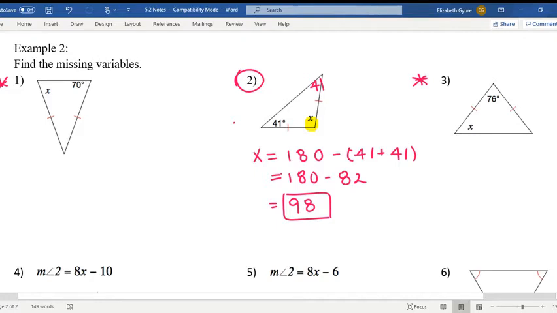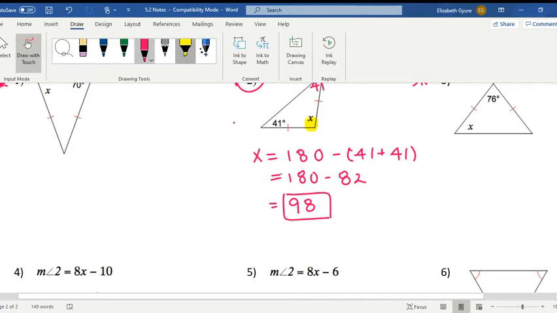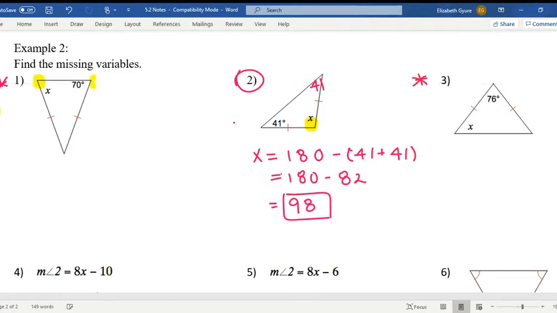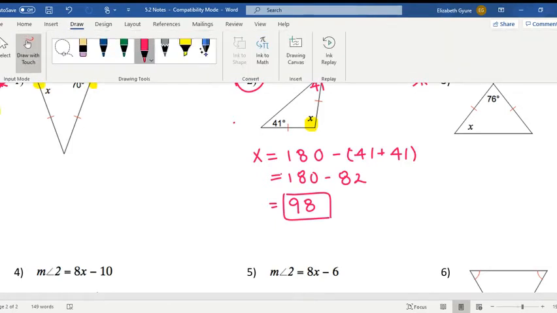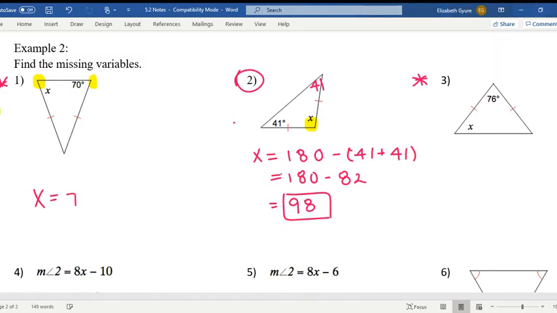Oh yeah, if you needed to find that one, absolutely. You have your 2 congruent sides here. So these would be your 2 congruent angles. So x would just be 70. And then that's good. Yeah, if you needed to find the other one, add those up and subtract, and that would be 40. Good.